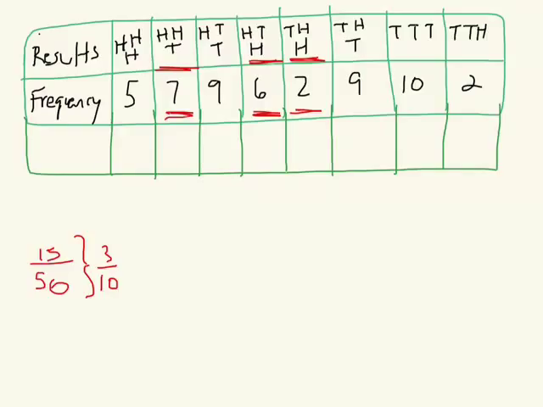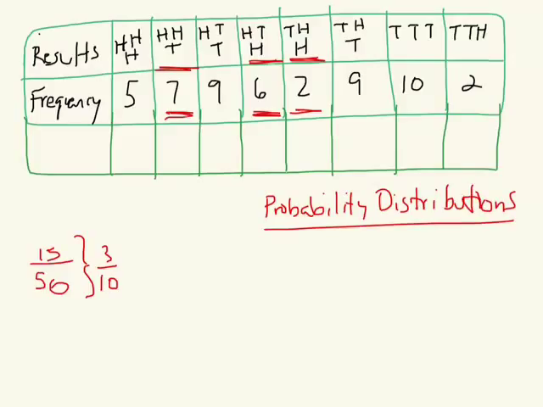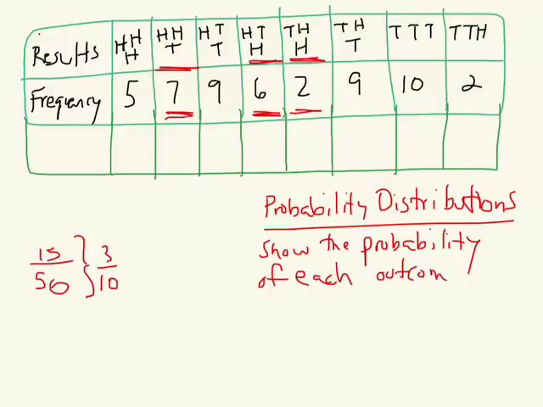Okay, I'm going to stay on this page, but I want to talk real quick about probability distributions. Probability distributions show the probability of each outcome. This is pretty simple. I'm just going to write that in this column.